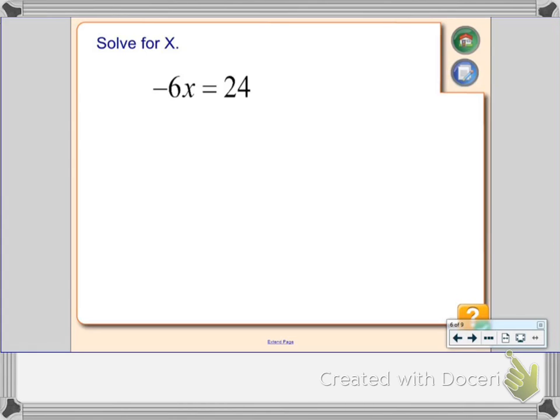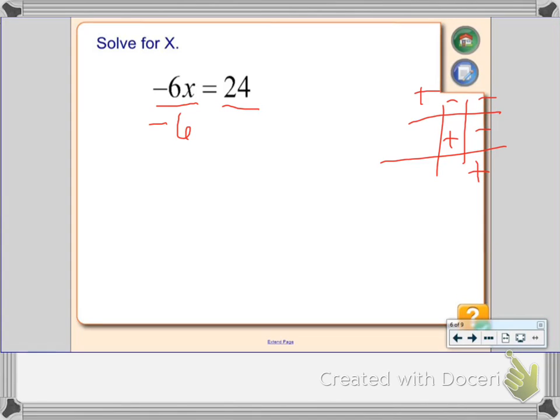Here, I have a little bit of a different situation. I've got -6 that's being multiplied by x. So what that means is that I'm going to have to divide both sides by that -6. If I divided just by a +6, a -6 divided by a +6, if we use our tic-tac-toe method, a negative divided by a positive is a negative.